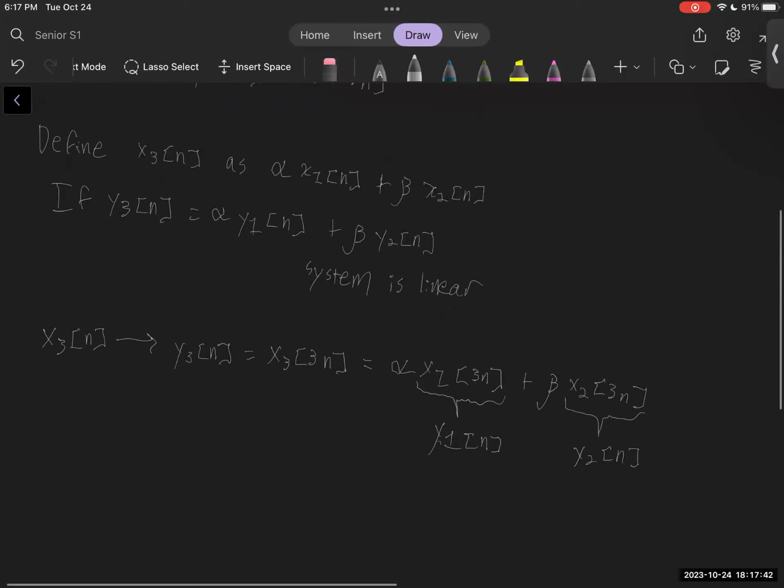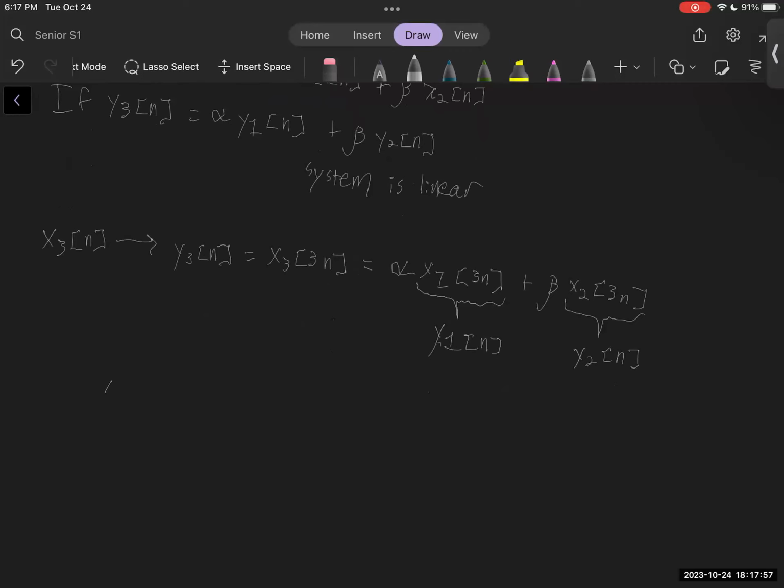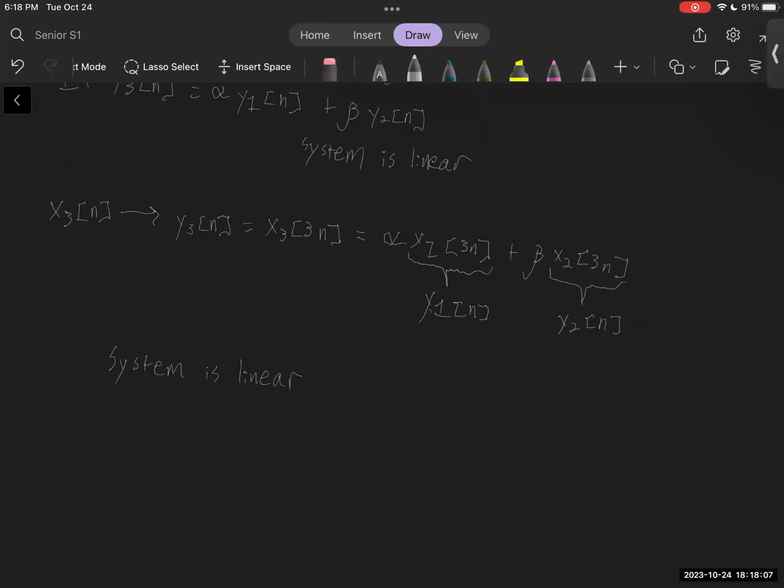And we can see that our y3 we get when we plug in x3 is equal to our value if the system is linear. So we can say this system is linear. Any questions on the linearity part? All right.